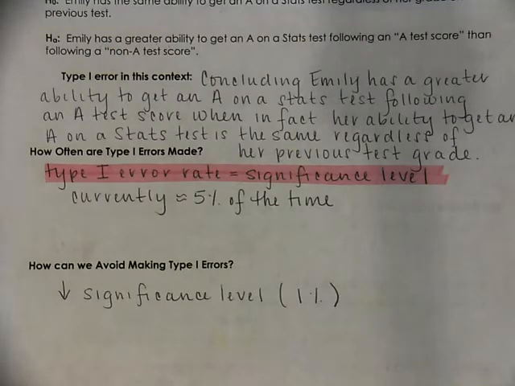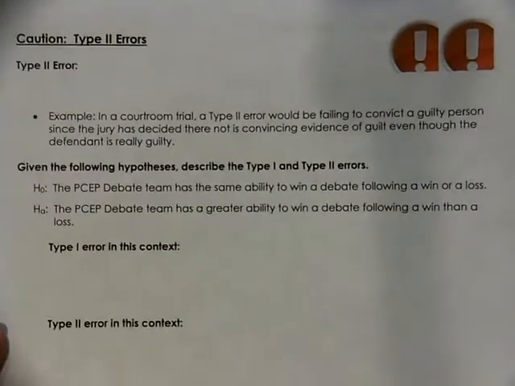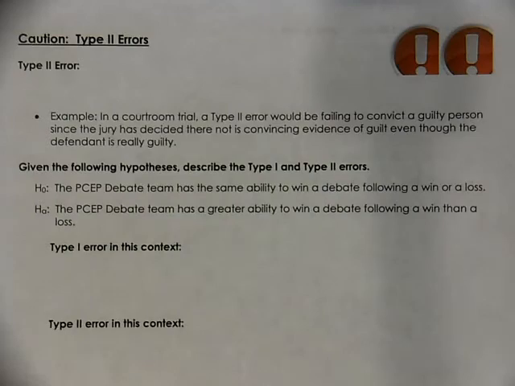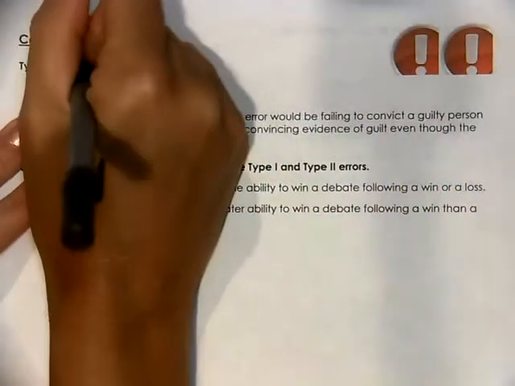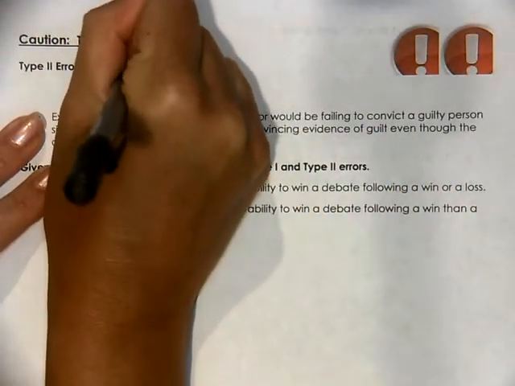So now let's talk about type 2 error. With conclusions, we either support HA or we do not support HA. So type 2 error is when, in our conclusion, we do not support our alternative hypothesis.